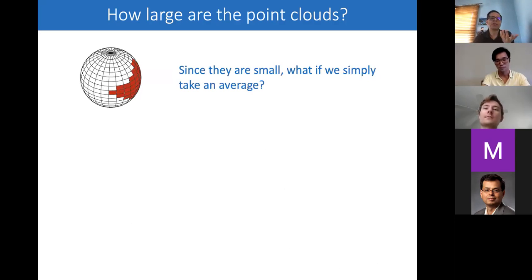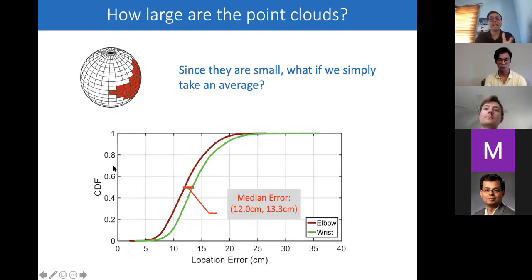So one idea was, okay, if the area of the point cloud is not too large, why not just take the simple average of the point cloud? And yes, you can, and that will give you around 12 to 13 centimeters of error in terms of your elbow location, which is about 1 foot of error. So even if you move your elbow like that, or even if you just don't do anything, just taking the motion model, right?